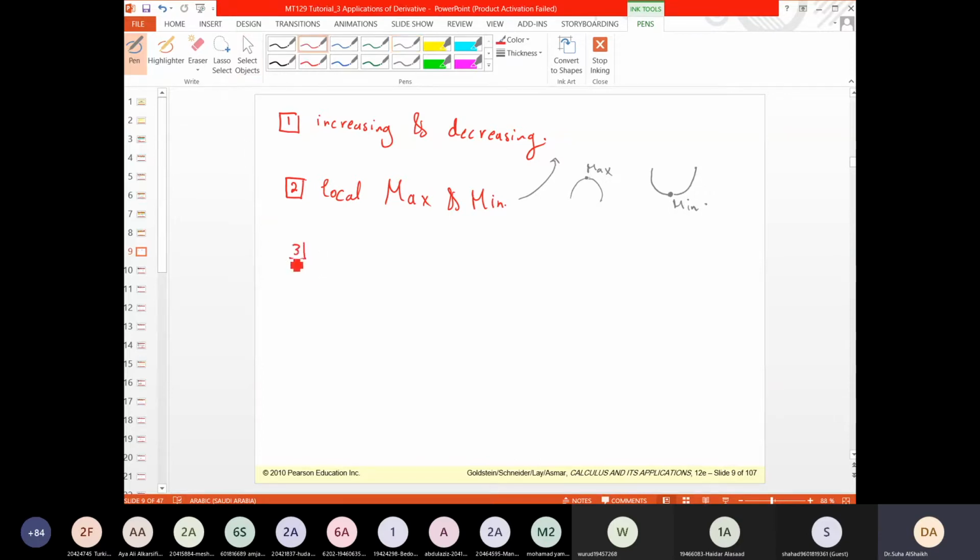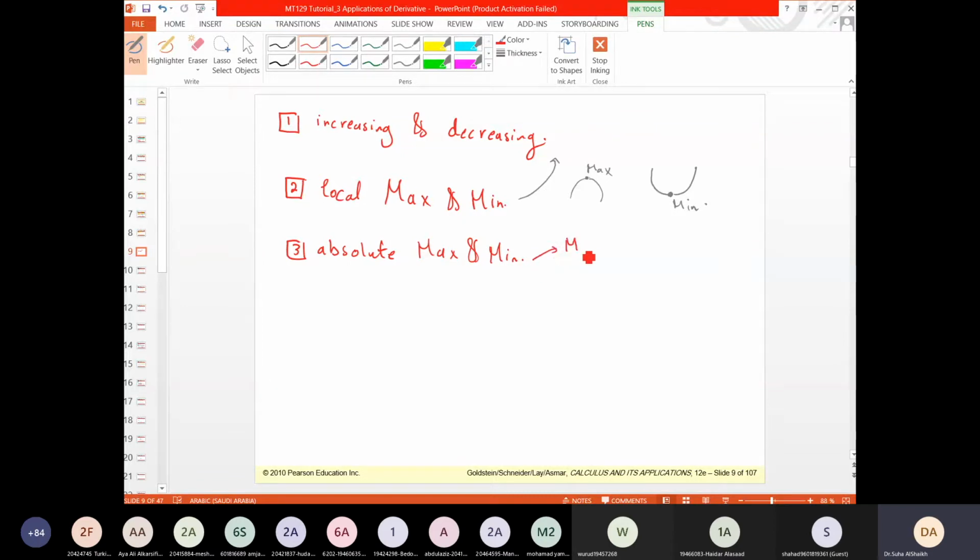And number 3, we have the absolute max and minimum point. We said the absolute maximum is the highest point. Minimum is the lowest point.